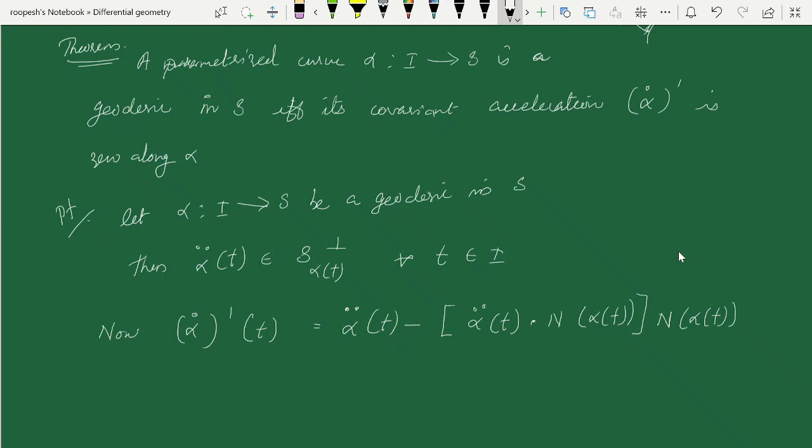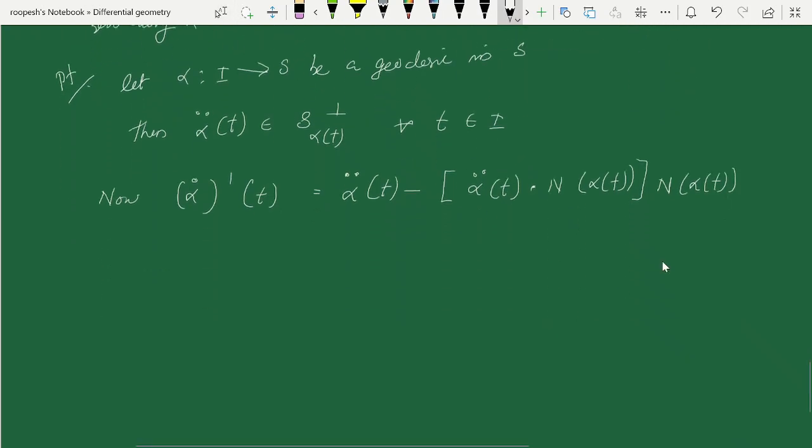Since alpha double dot of t belongs to S of alpha of t perp, we can write alpha double dot of t as a multiple of n of alpha of t.